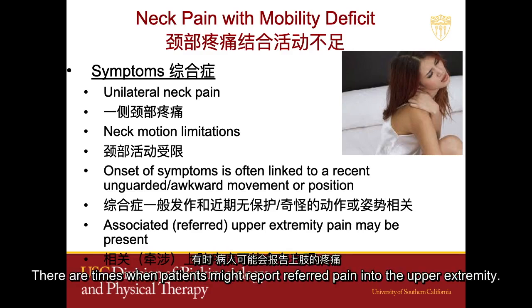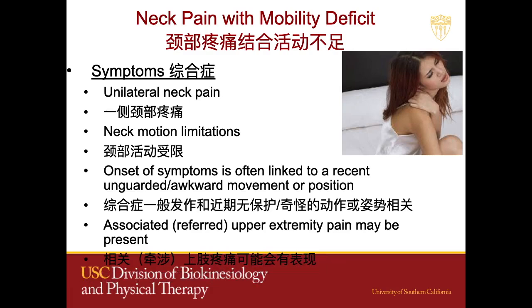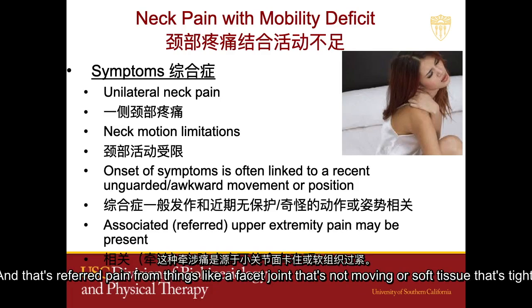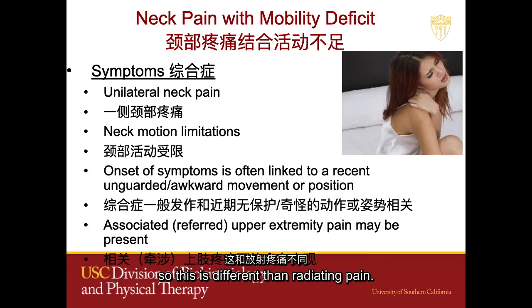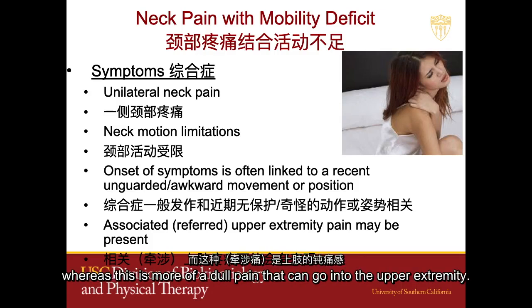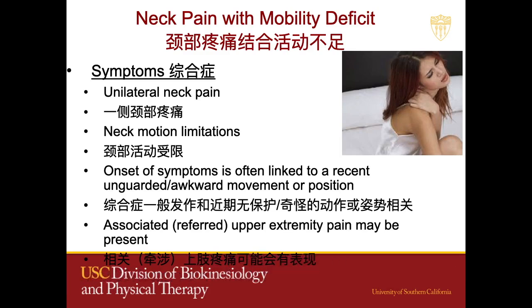There are times when patients might report referred pain into the upper extremity, and that's referred pain from things like a facet joint that's not moving or soft tissue that's tight. So this is different than radiating pain. Remember, radiating pain is going to be numbness, tingling, that type of symptom. It's going to be a sharp pain, whereas this is more of a dull pain that can go into the upper extremity.